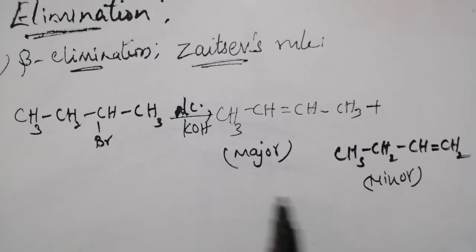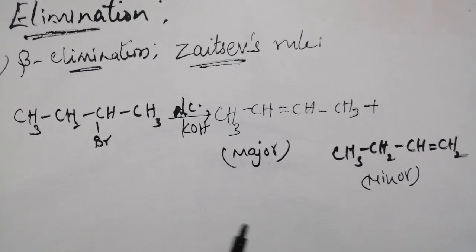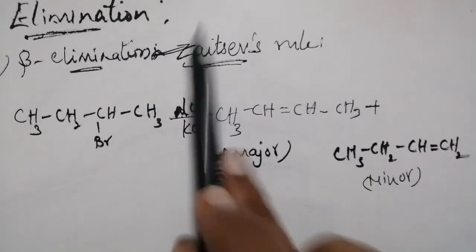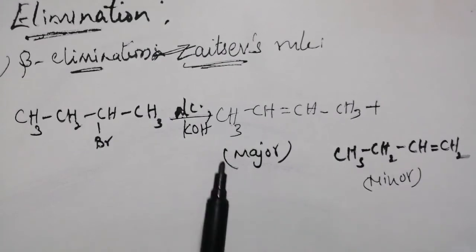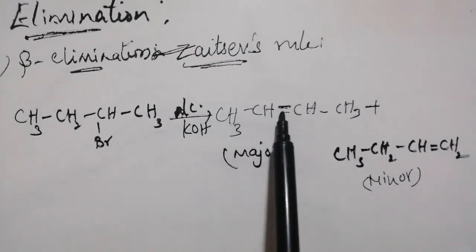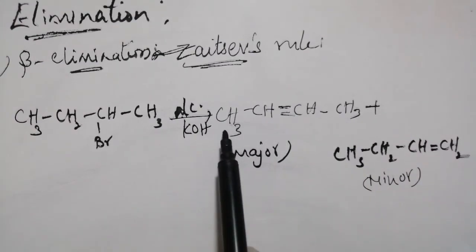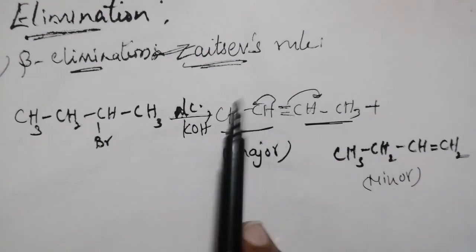Why is this major and this minor? According to Zaitsev's rule, the double bond formed will be where there are an equal number of alkyl groups to its left and to its right.